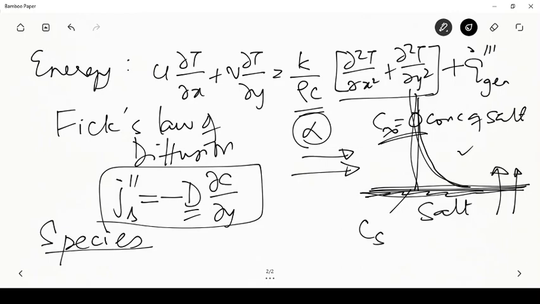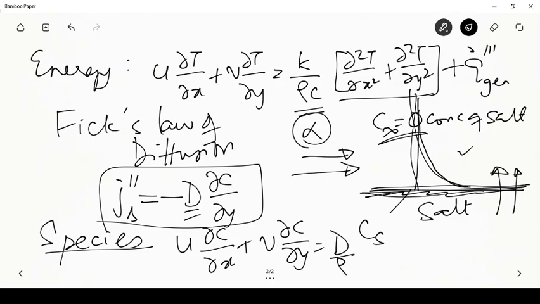So you will get U del C by del X plus V del C by del Y is equal to D by rho of del squared C by del X squared plus del squared C by del Y squared.